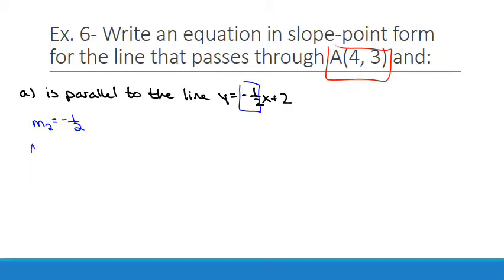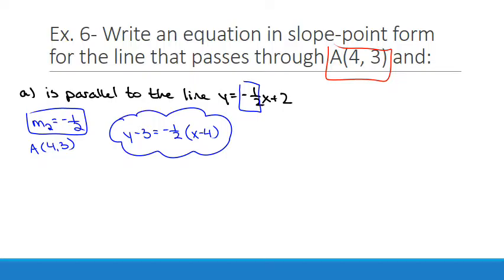And then we're given this point here, (4, 3), and now I have enough information to write the equation of this new line, and I know it's going to be parallel because it has the exact same slope as the given one. So I can just go right into it now. y minus 3 equals negative half, bracket x minus 4. So that would be the equation of a line that is parallel to this given one.